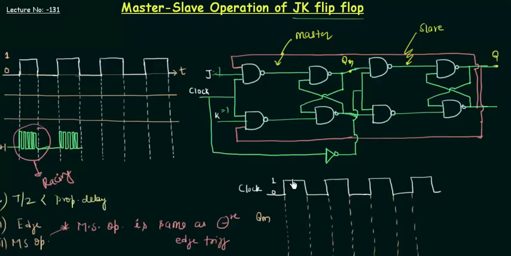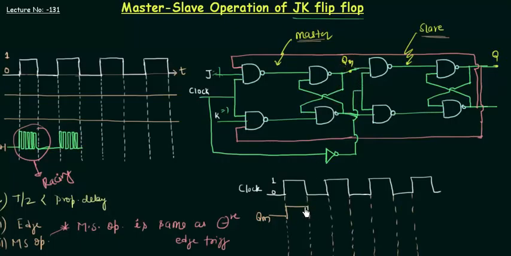When the clock is high, it means the master is operational while the slave is not. So when the master is operational, and I assume that QM was low before the clock went high, as soon as the clock is high, QM will become high also because it was low earlier. And for what time will it be high?